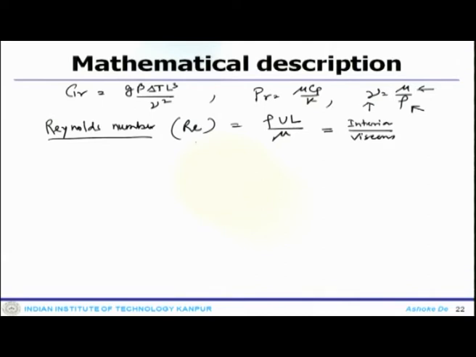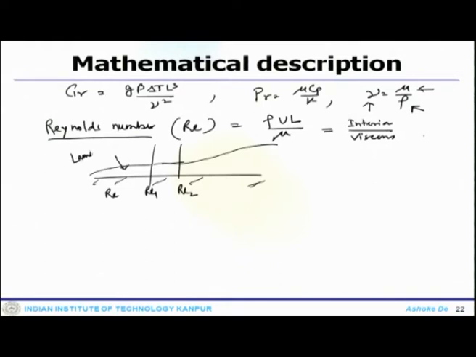Let us say, for example, if you look at a flow over a flat plate, the flow propagates like that, and after some region it goes like that. So, up to some Reynolds number, this is a boundary of Reynolds number 1, then this is a Reynolds number 2. In this zone the flow is laminar, then in this zone it is turbulent. So, depending on the Reynolds number, one can classify the flow to be laminar or turbulent.